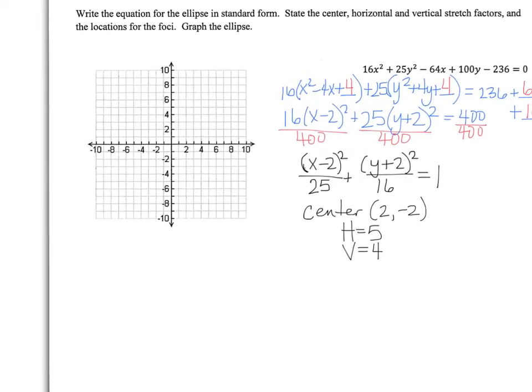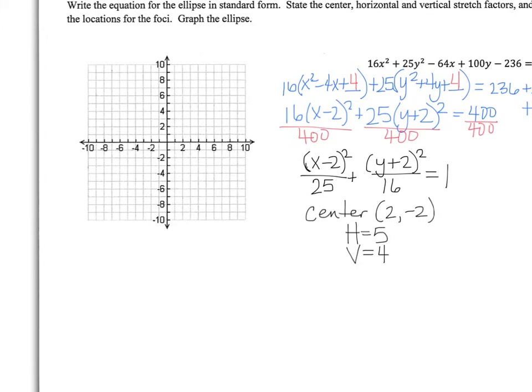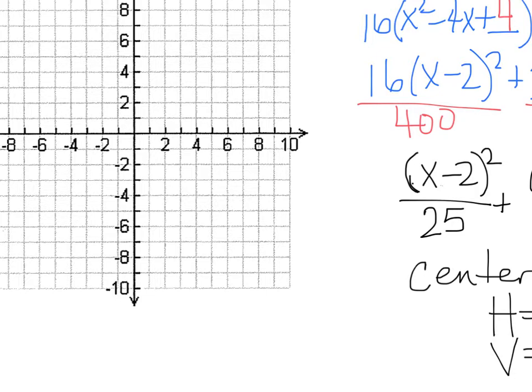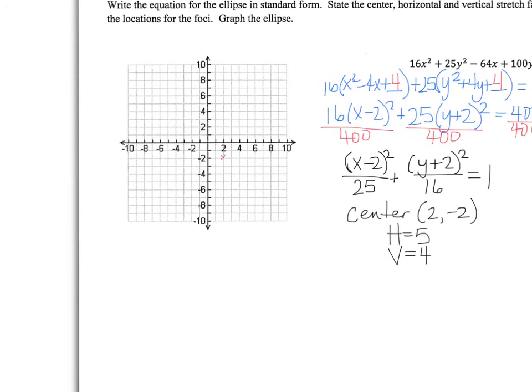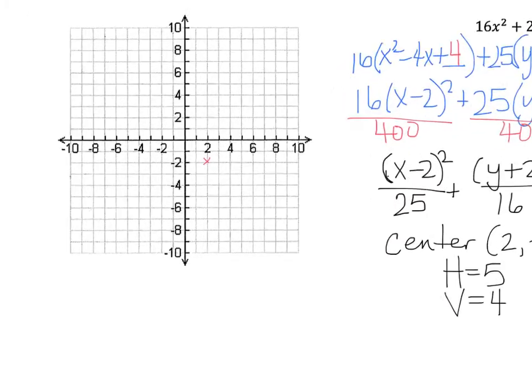If my center is at 2, -2, let's find 2, -2. Put a little mark there. My horizontal stretch, remember, let's look over here. Horizontal stretch is 5, vertical stretch of 4. Back to the graph then.